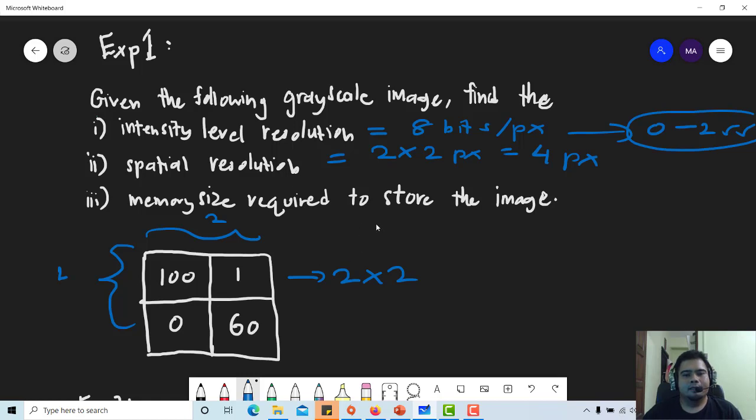Then the last part, number 3: what is the memory size to store the image?